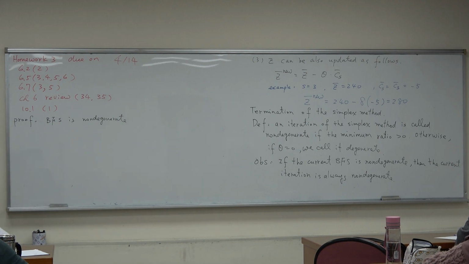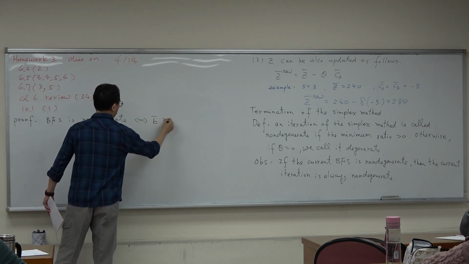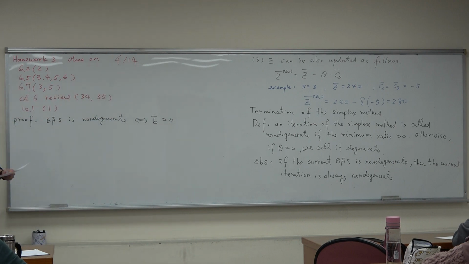If the basic variable is non-degenerate, that means the right hand side is greater than 0. How can you guarantee the right hand side is greater than 0 in the next iteration? It is always greater than 0.